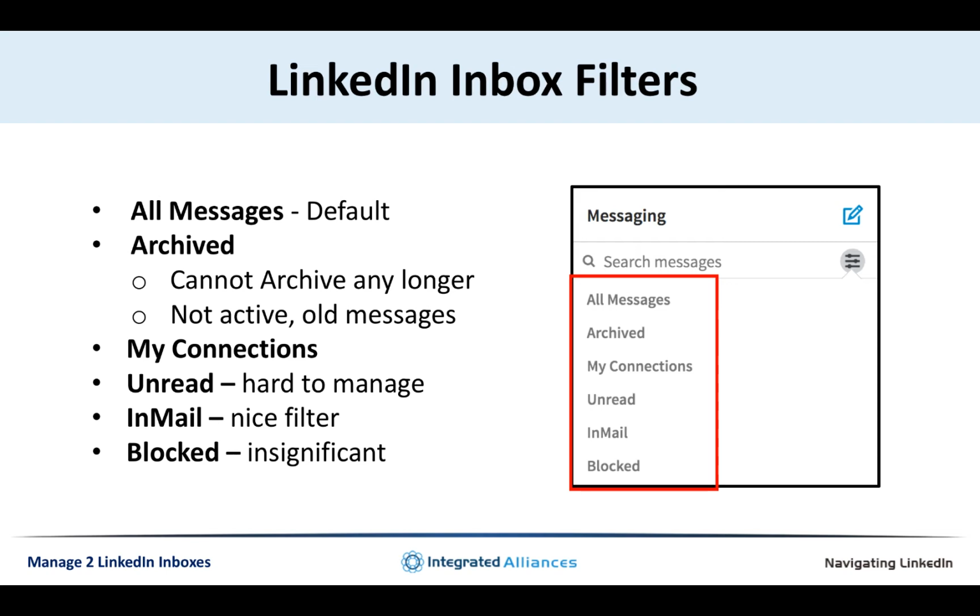The InMail function is actually a nice one. If you want to see the sort of commercial messages that are coming in your inbox, you can filter on those. And there might be some case somewhere where there was some reason to block somebody, but that's not very important as well. These filters look a lot better than they are, but you'll use them occasionally, and we'll talk about them as we go along.